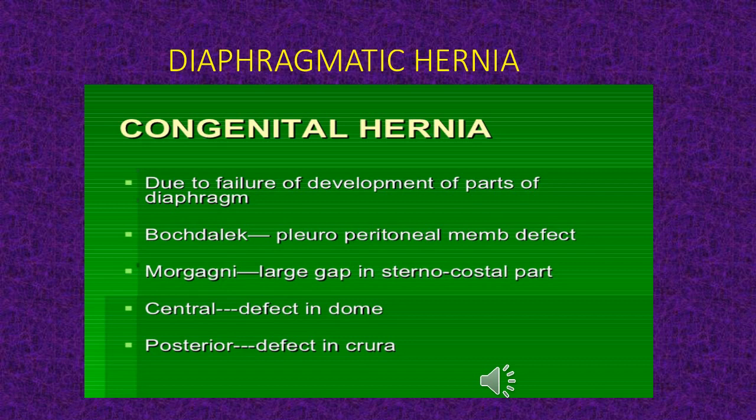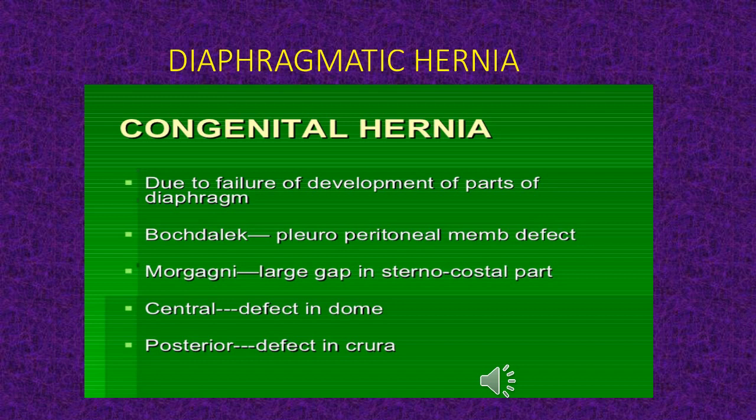Diaphragmatic hernias are of two types, congenital and acquired. Congenital hernia is due to the failure of the development of parts of the diaphragm. Posterolateral hernia or Bochdalek hernia is due to a pleuroperitoneal membrane defect.